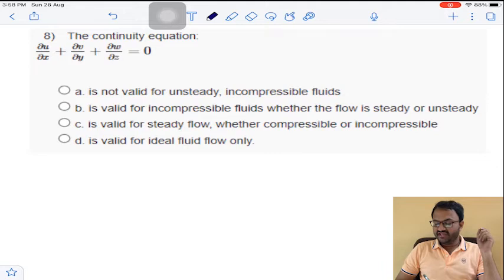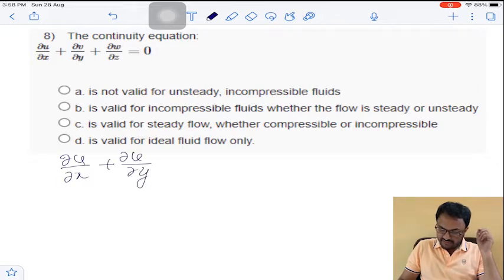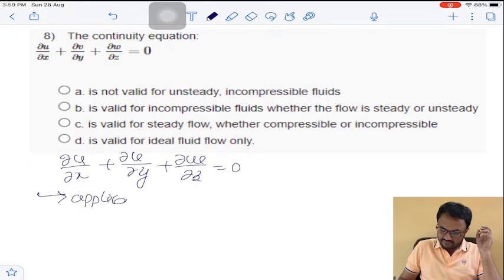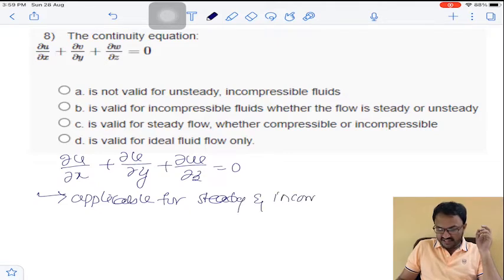The continuity equation is valid for, or not valid for, and he has given so many options. Dou u by dou x plus dou v by dou y plus dou w by dou z is equal to 0. So this is the given continuity equation. It is generally applicable for steady and incompressible flow.